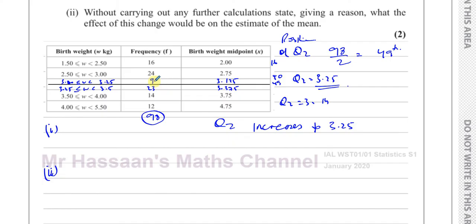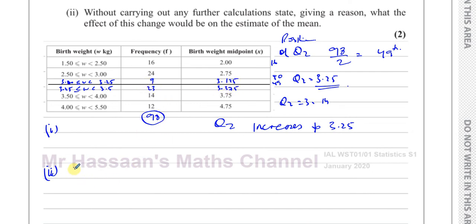Well, basically, before we had 32 multiplied by the midpoint of these two, which would have been 32 times 3.25. Now we've got 9 times 3.125 and 23 times 3.375. So you're going to have a bigger number multiplied by a higher midpoint.